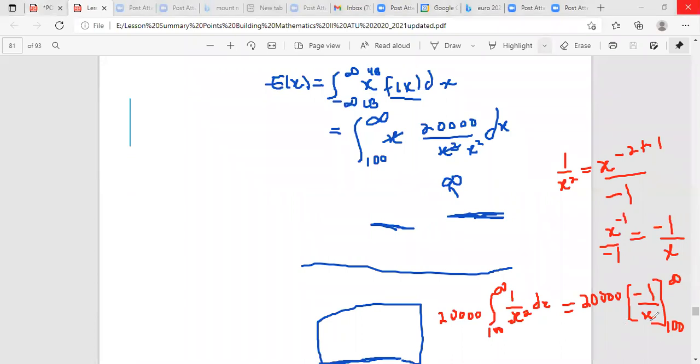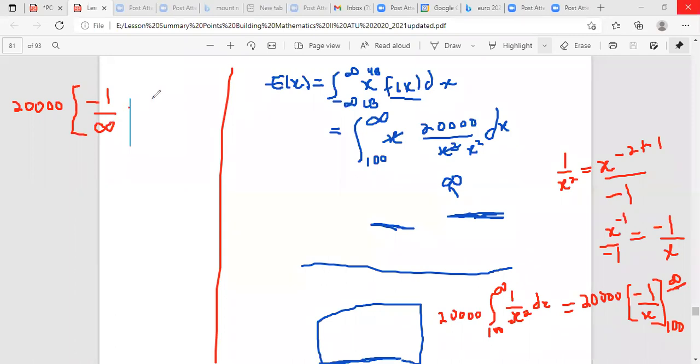We are supposed to evaluate by substituting the infinity and the 100 into this expression. That will be 20,000 into brackets, -1 over infinity minus -1 over 100.